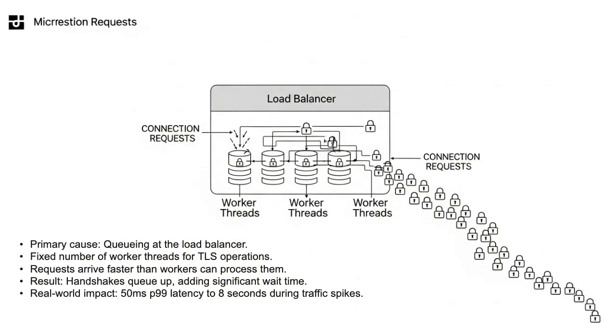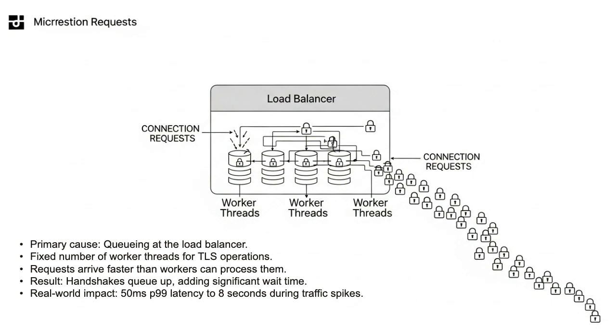The core issue behind these dramatic latency spikes is queuing. Imagine your load balancer as a highly specialized dispatcher with a finite number of worker threads, each capable of handling a single TLS handshake operation at a time. These worker threads are the computational engines responsible for executing the CPU-intensive cryptographic tasks we just discussed.